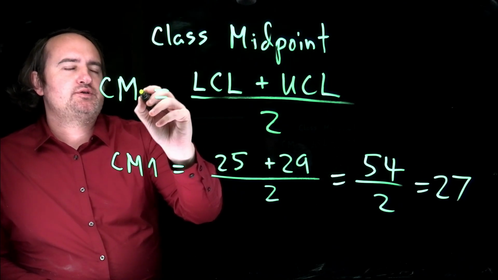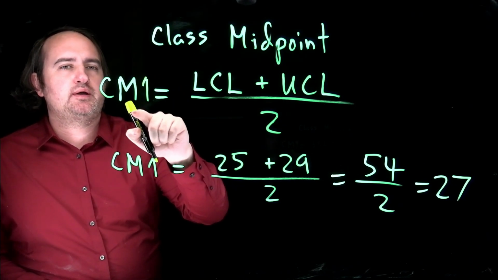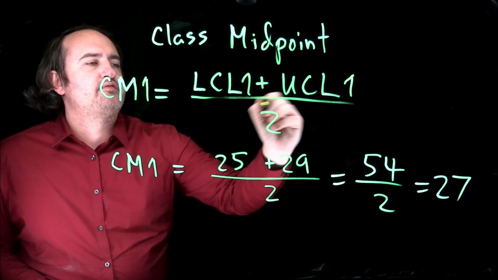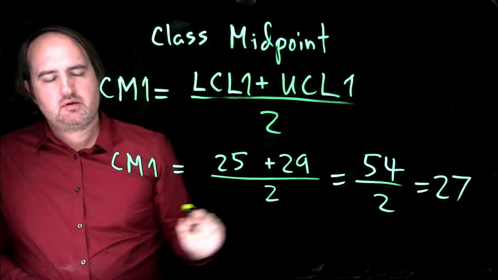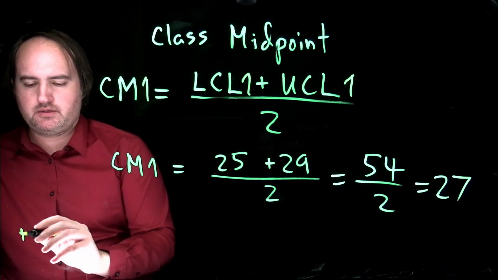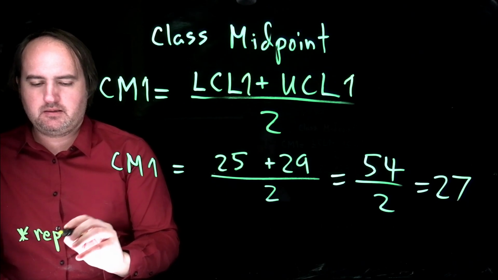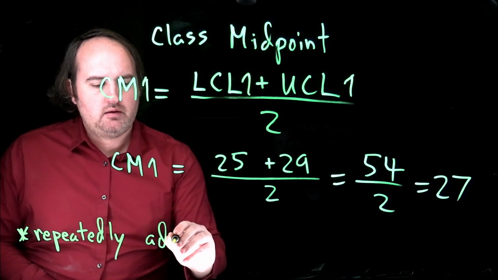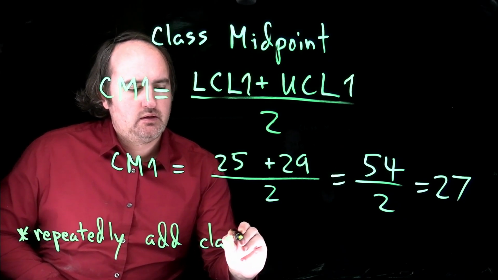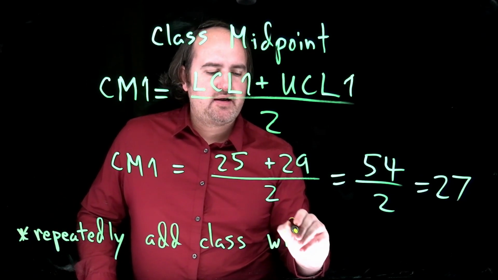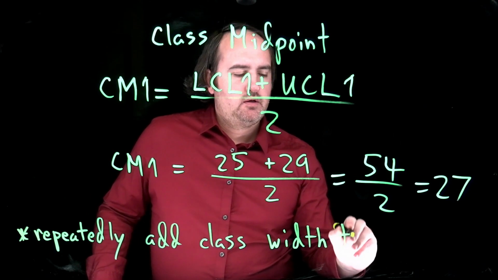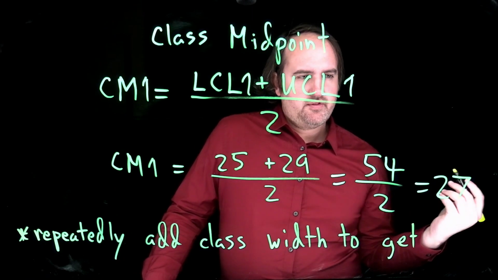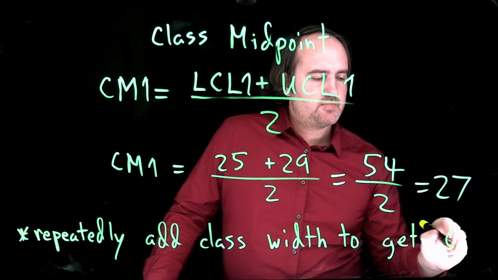So really, if you wanted to, you could just do class midpoint number 1 is lower class limit number 1 plus upper class limit number 1 divided by 2, and we got 27. And then what you do is you repeatedly add the class width, either in your head or on your calculator, to get all the other class midpoints.